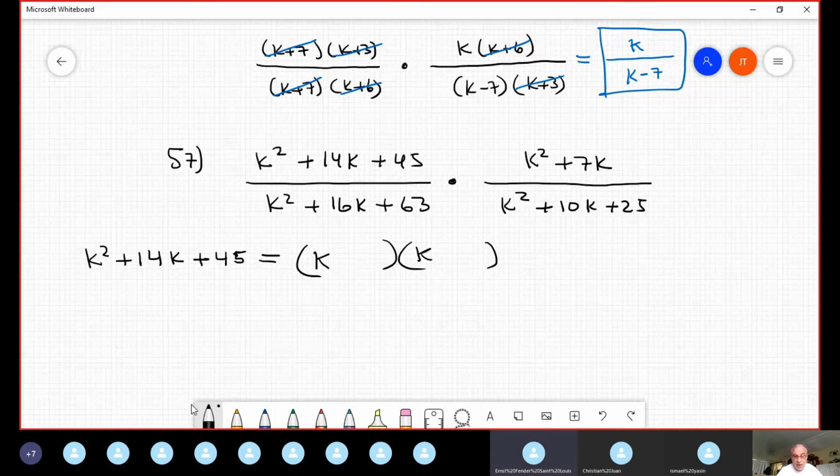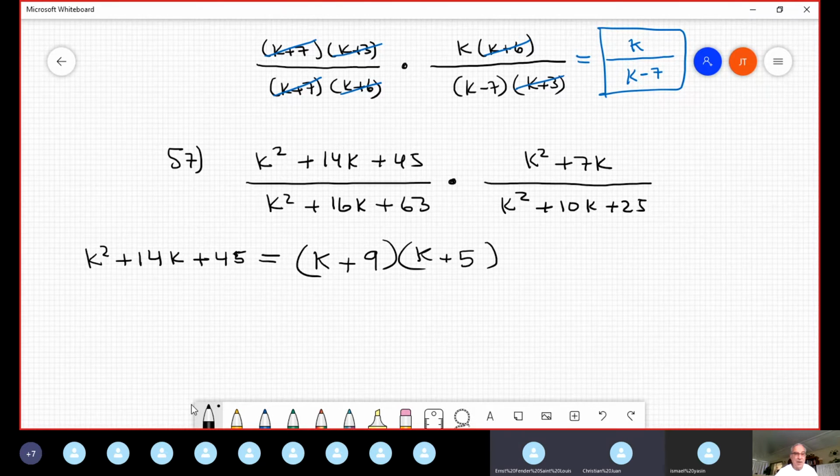9 and 5. And it's obvious both are positive, yes, because of the sign. Remember, when this sign is positive, that indicates we have the same sign, and the second sign is positive, and this is the confirmation that both are positive.